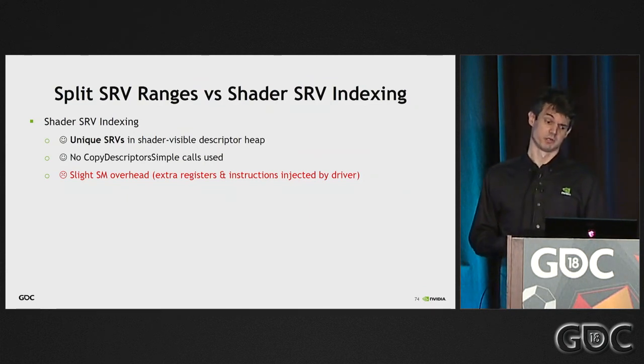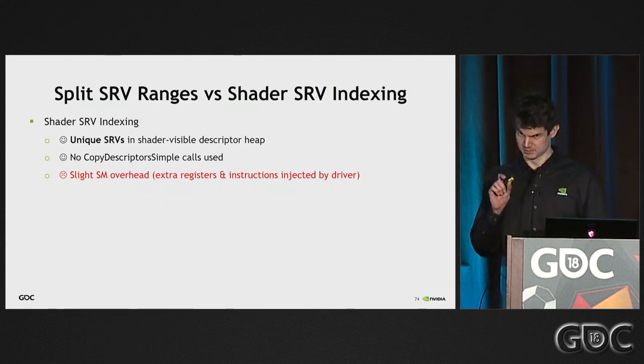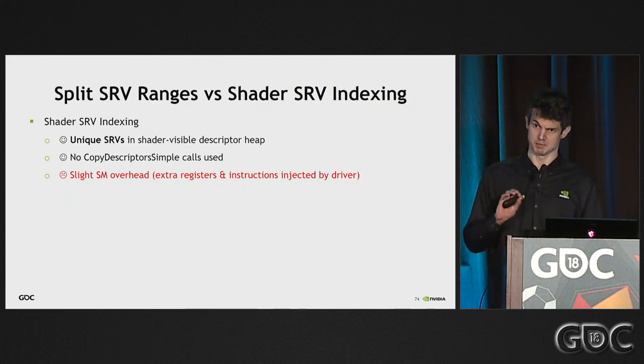But there is one drawback of doing shader SRV indexing. Each of the texture instructions will have a little bit more overhead injected by the driver, because this is a different type of texture fetch instruction that requires a little bit more registers and a few more instructions for each texture fetch. So it is something to keep in mind.